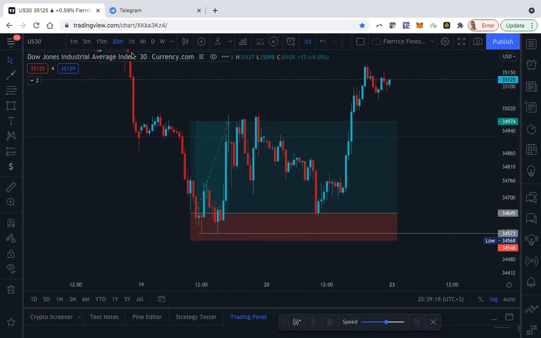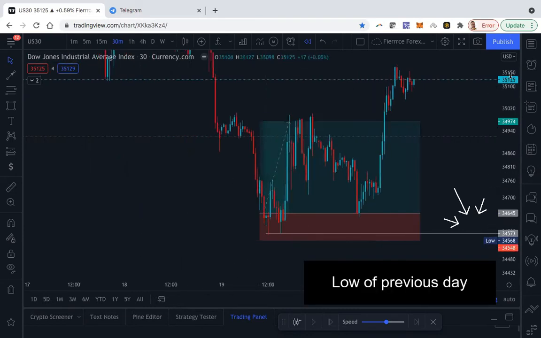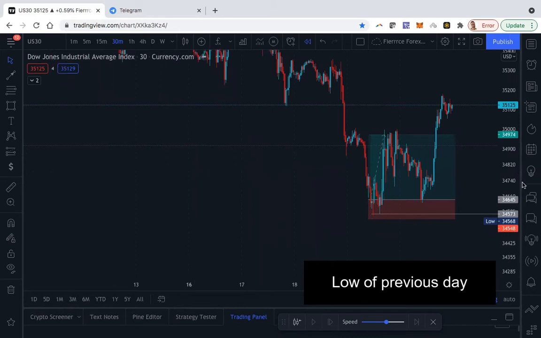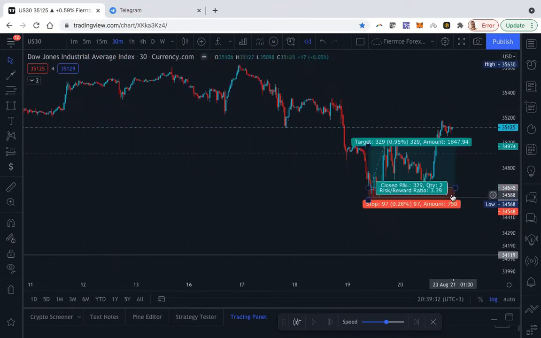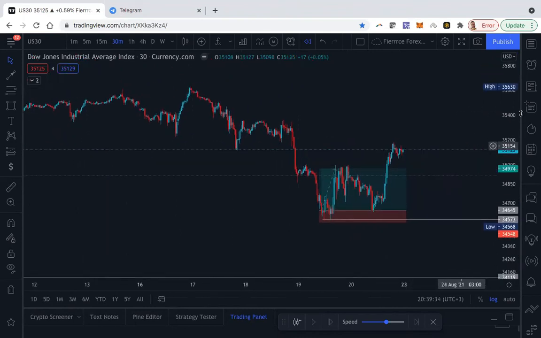Why this trade was a good trade to go our way, regardless, was that if you look here, this was the low of the day. US 30 had been dropping. If you understand market structure, we can see the low and the high. I've put these on my chart so that I know the highs and the lows of the day.